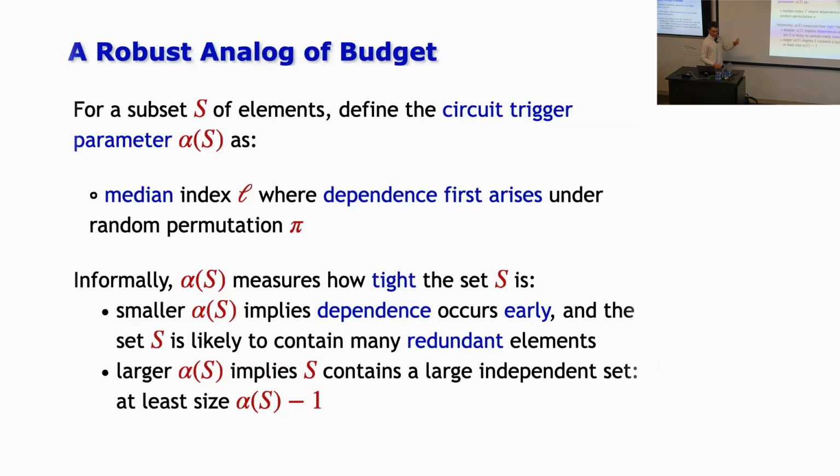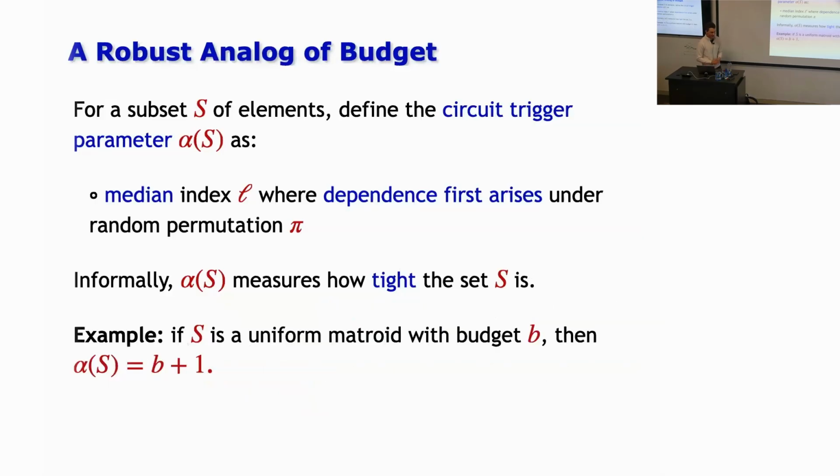If alpha is very small, it's saying when you sample a permutation, that dependence arises quite quickly. When alpha is large, you can go quite far into a random permutation before that dependence arises. As an example, if S is a uniform matroid with budget B, then this alpha value is B plus 1, because your dependence always arises at element B plus 1.